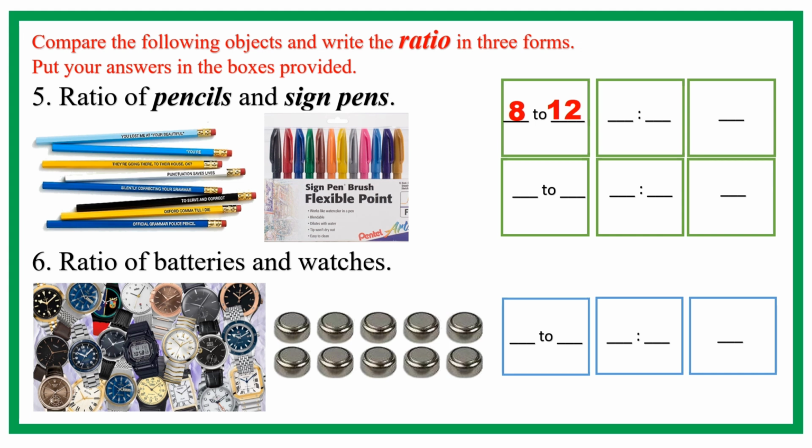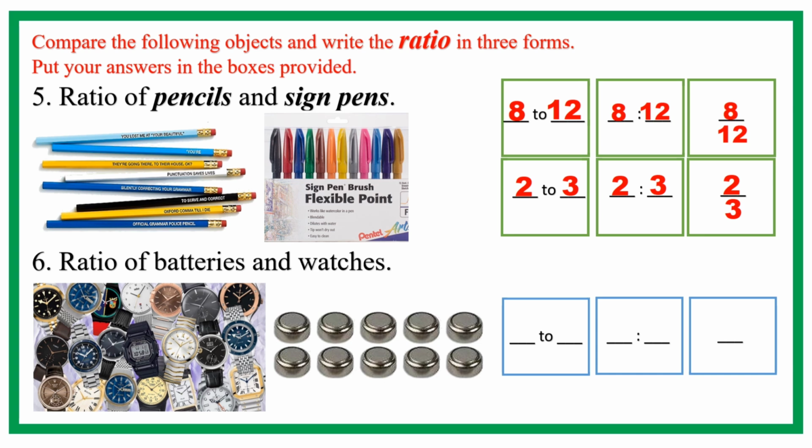We can write it like this: 8 to 12, or in fraction 8 over 12. We can simplify it to 2 to 3. For every 2 pencils, we have 3 sign pens, or you can write it in fraction as 2 over 3. That's it. You got it.